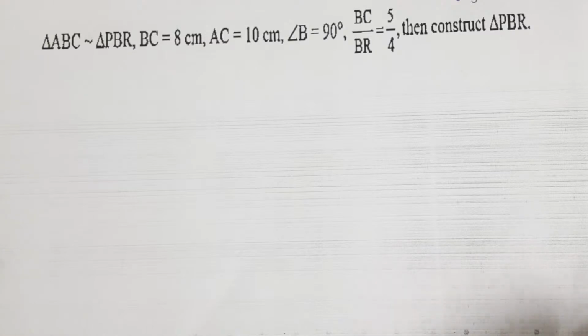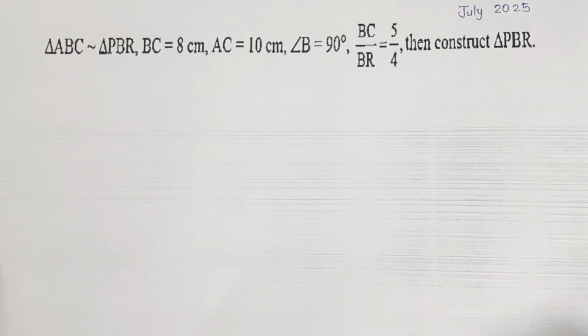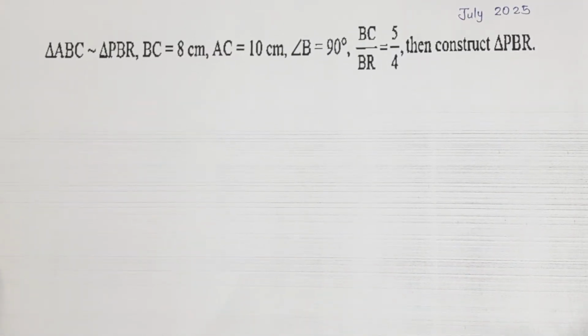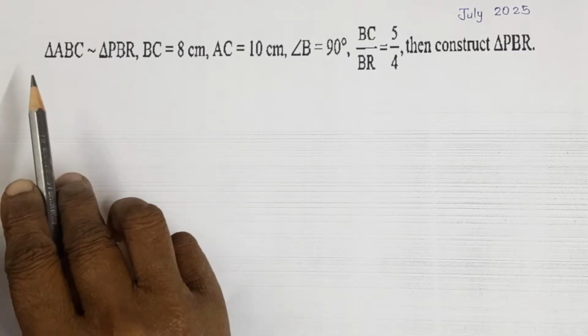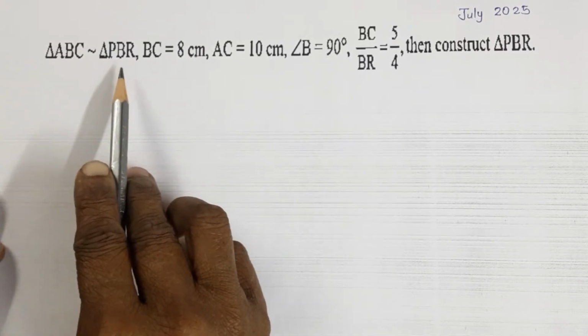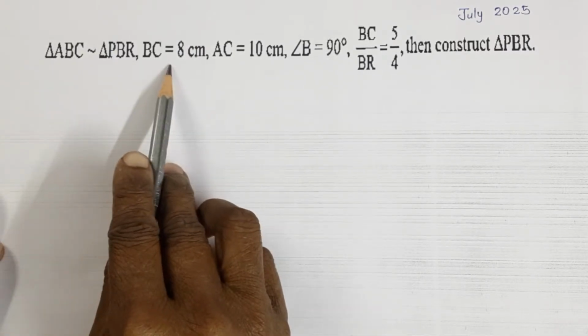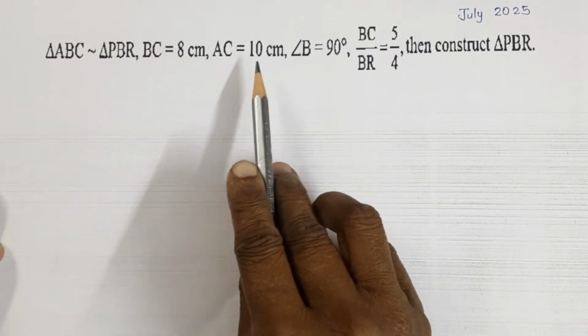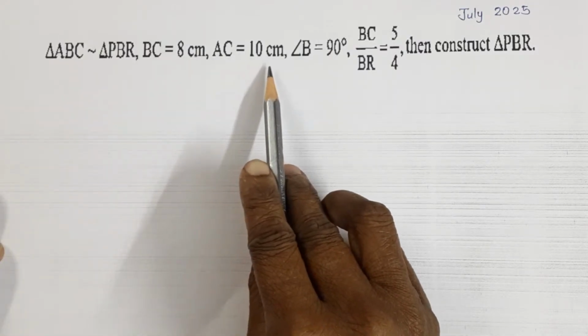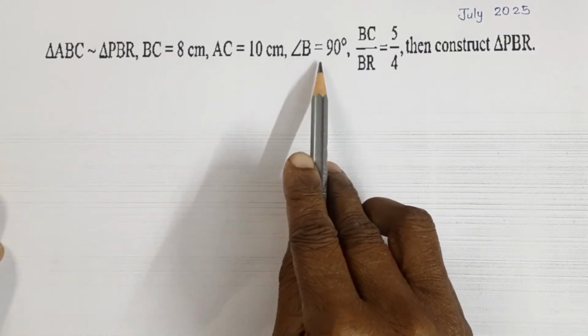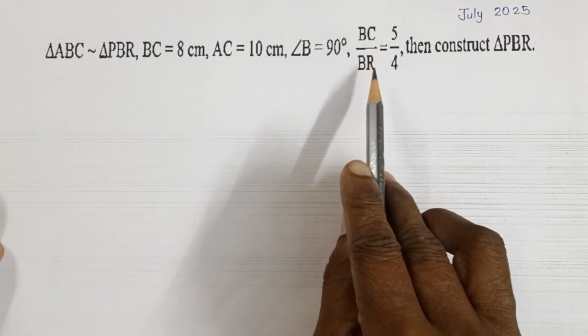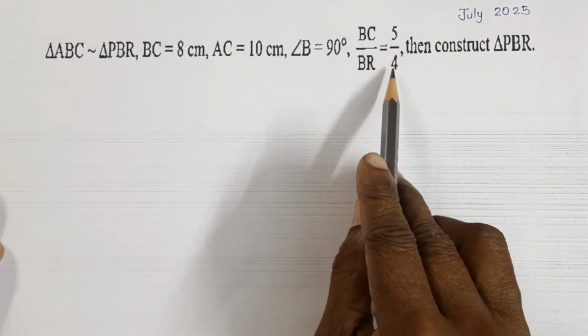The construction is from 2025. Triangle ABC is similar to triangle PBR. BC is equal to 8 centimeter. AC is equal to 10 centimeter. Angle B is equal to 90 degree. BC upon BR is equal to 5 upon 4.